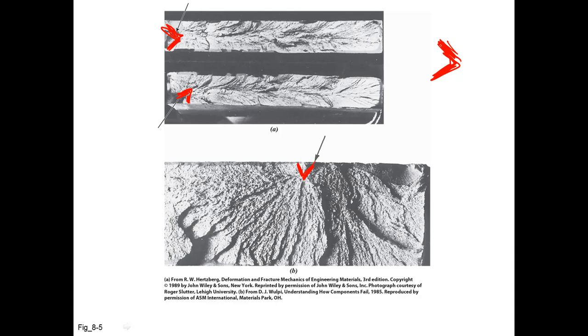The chevron on brittle fracture surfaces is often present and indicates where the brittle fracture occurred, and you can almost see lines pointing to this origin of the brittle fracture in these cases.